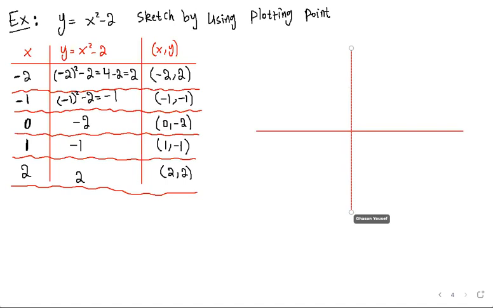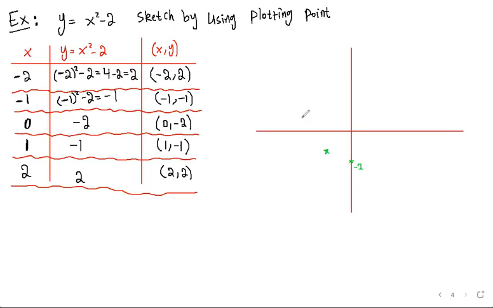So first point, I start from 0 and -2. So this is my 0 and -2 here. This is my first point. Now I go here, -1 and -1. So this is my -1 and -1 here. -2 and 2.